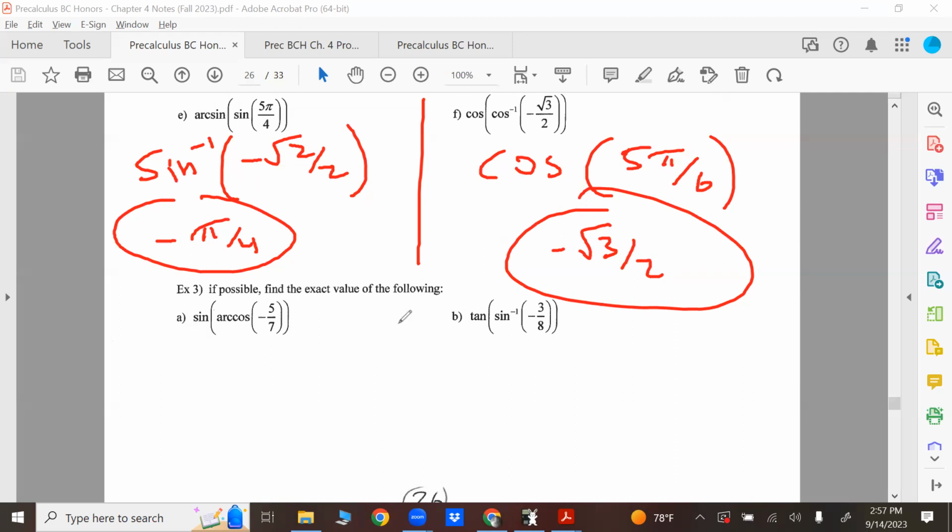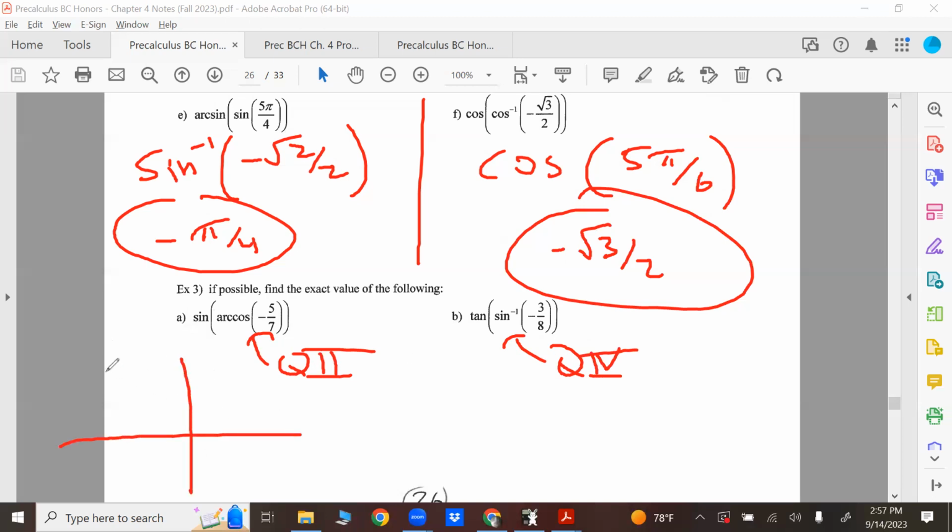And then finally, these here. What quadrant is this one in? Q4. Good. Okay, so this is negative 5, that's 7. And I'll do this one here simultaneously.